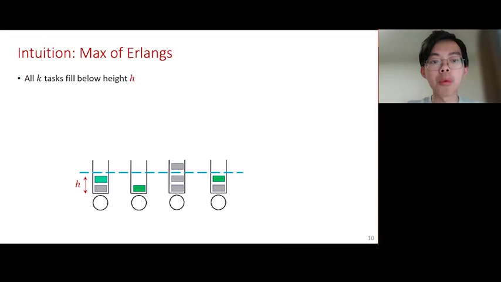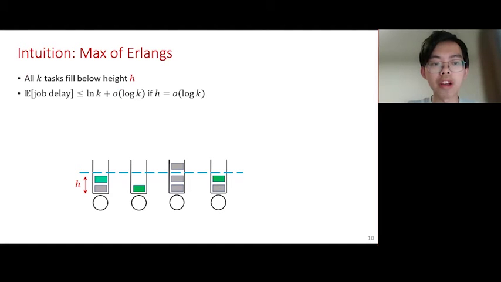In order to prove our result, the intuition is to understand when job level queuing delays can be negligible. Specifically, let us imagine that all K tasks are filled below a height h.